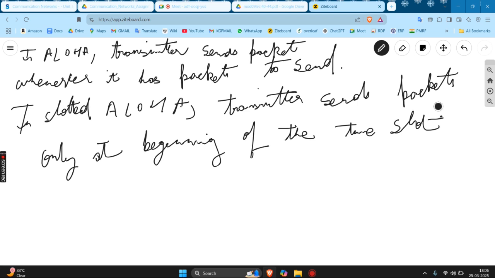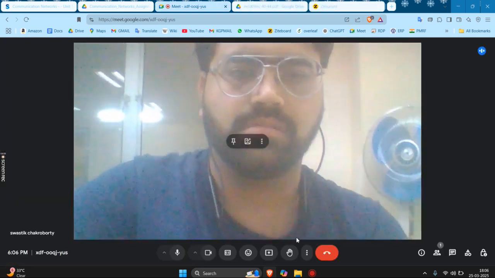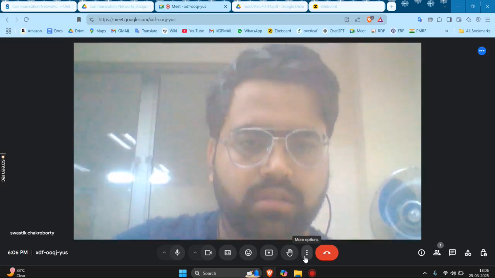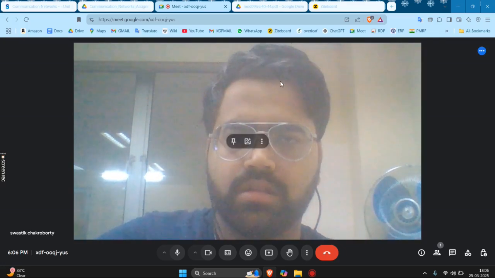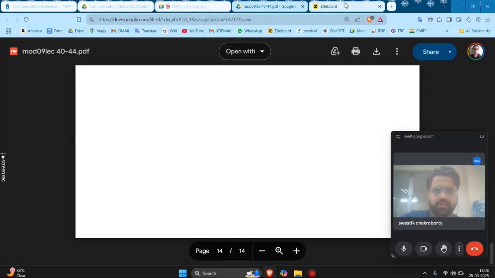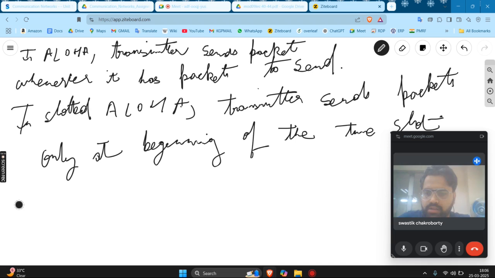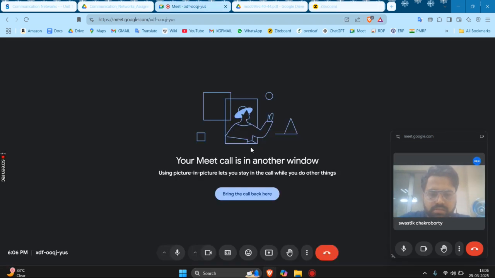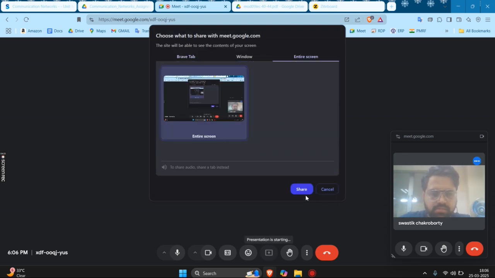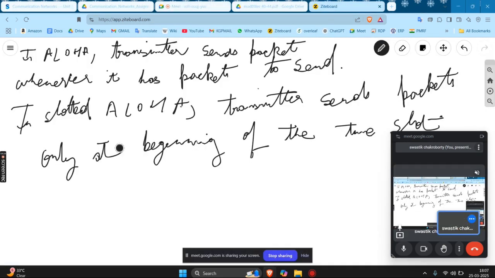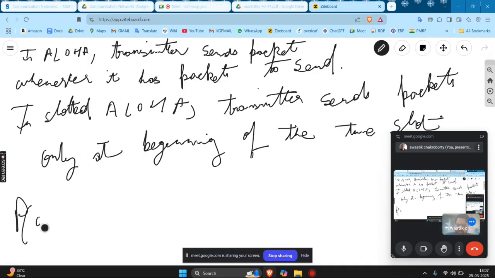At the beginning of the time slot, there is some probability of collision. So there is a probability of collision only at the beginning of time slots.